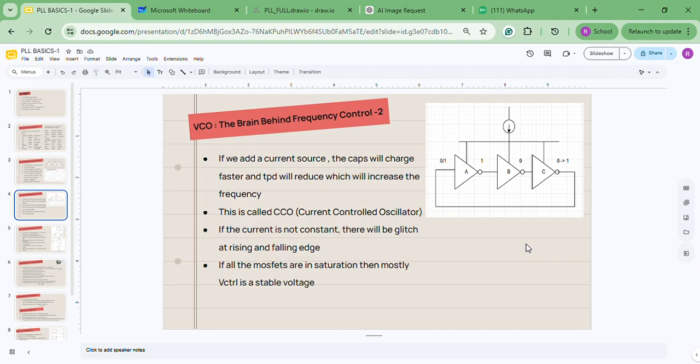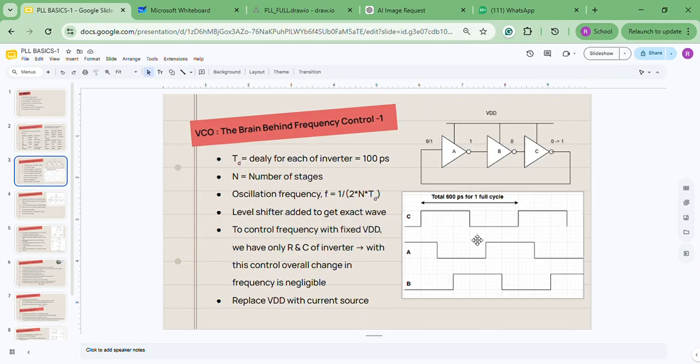So this kind of oscillator is called a current controlled oscillator. But if this current is not constant, if it is varying, then we will see a glitch on the edges of this square wave.